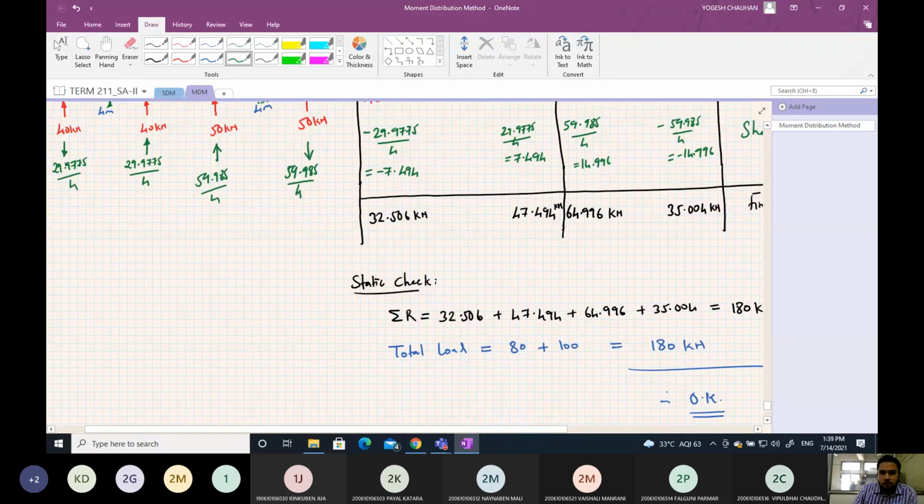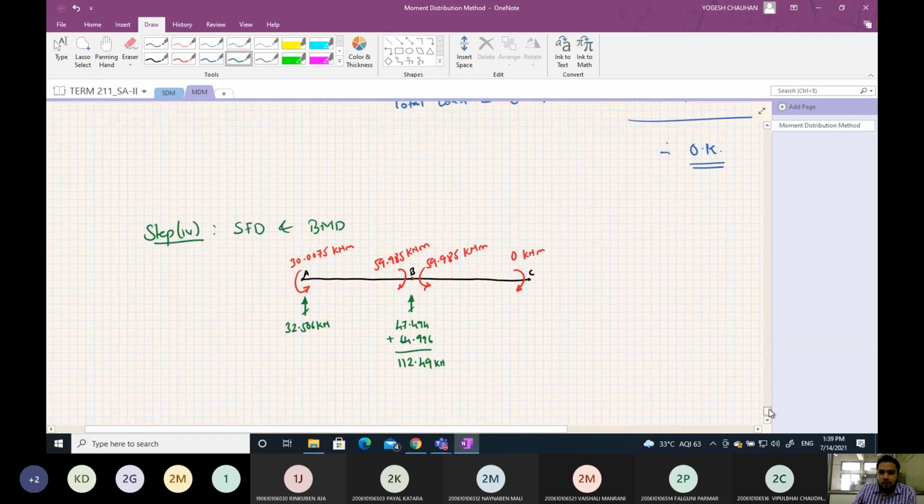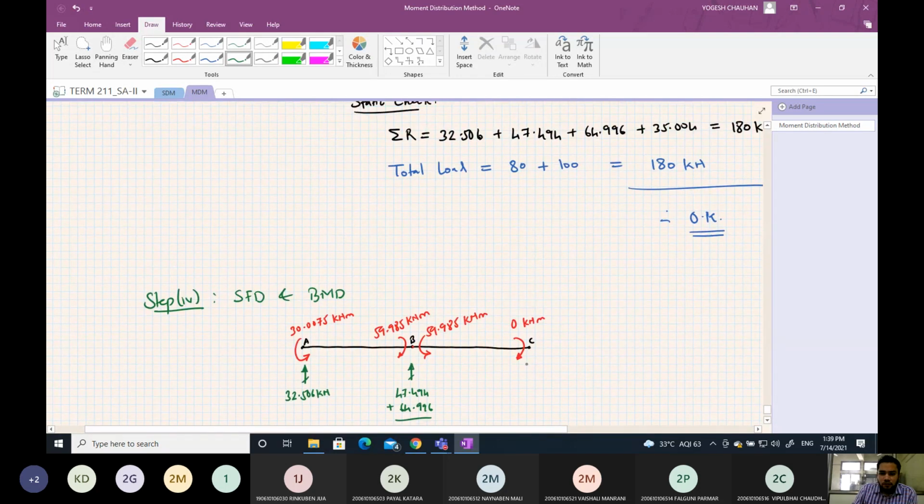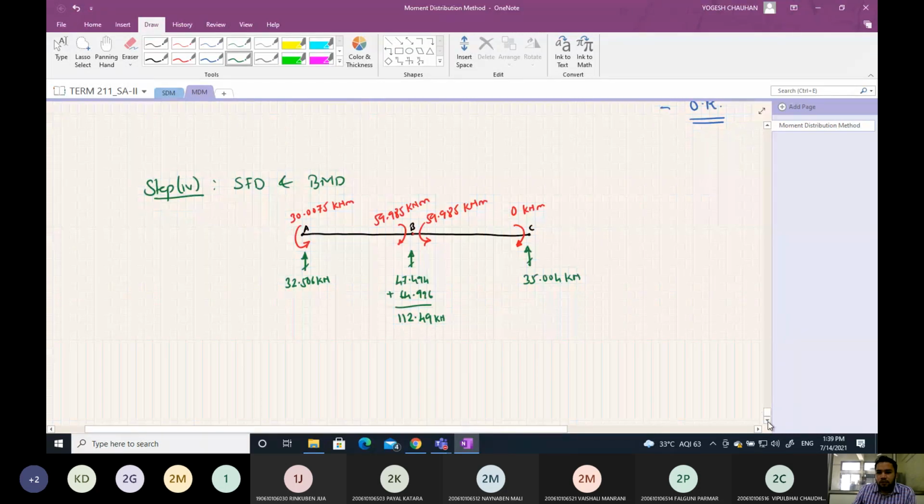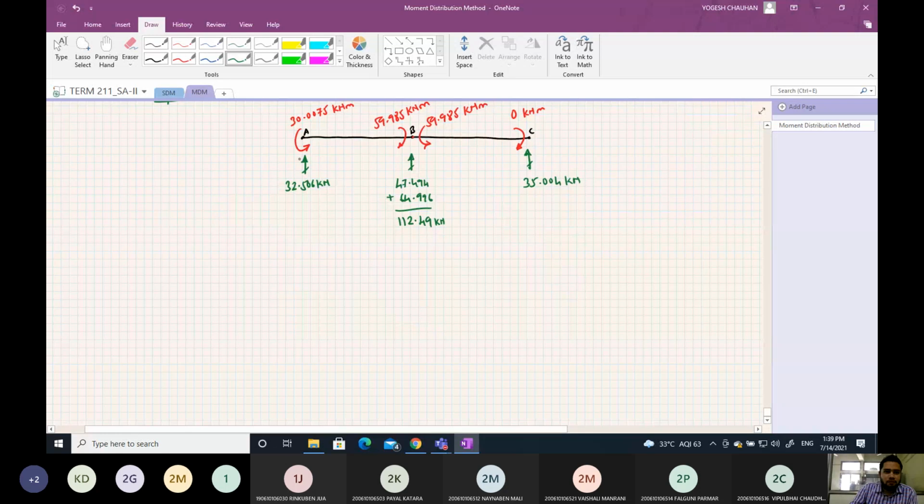The sum of these two will be the total reaction at B, and here the reaction will be 35.004 kilonewton. Now you can easily draw the shear force and bending moment diagram following these forces.